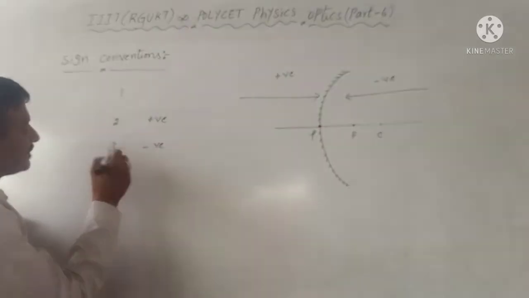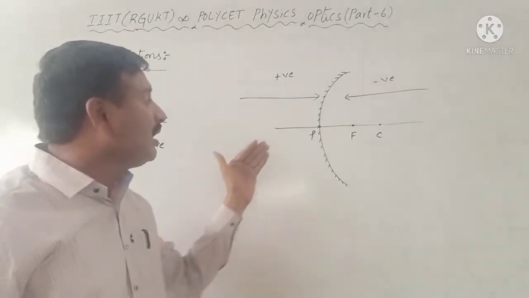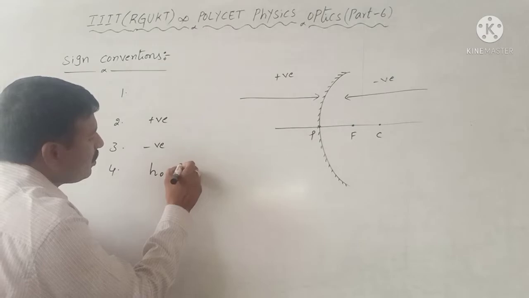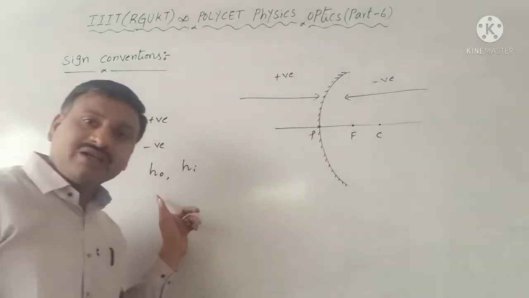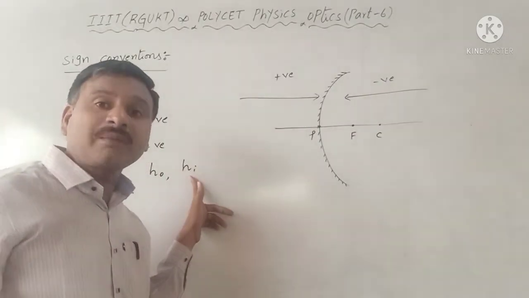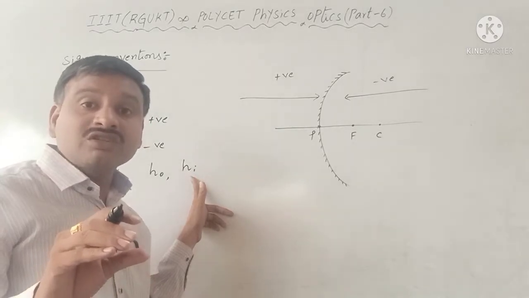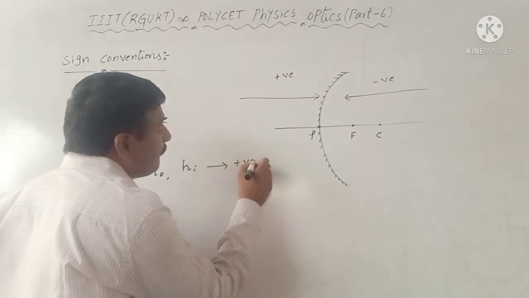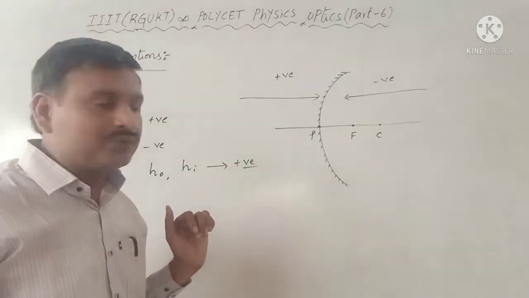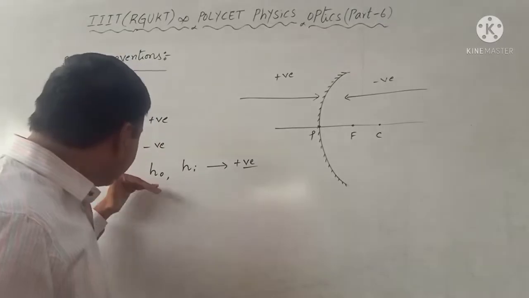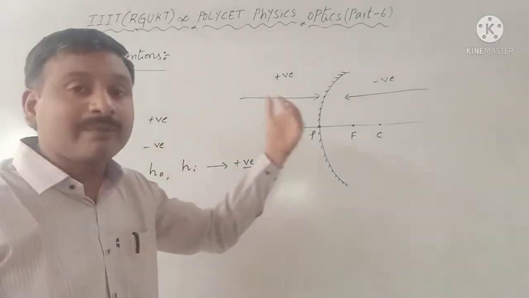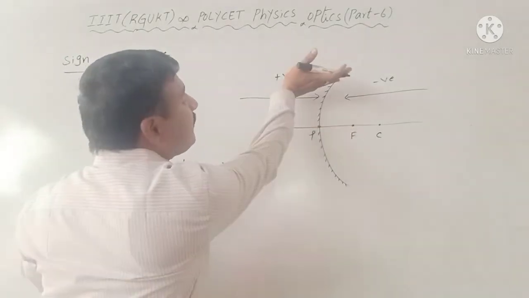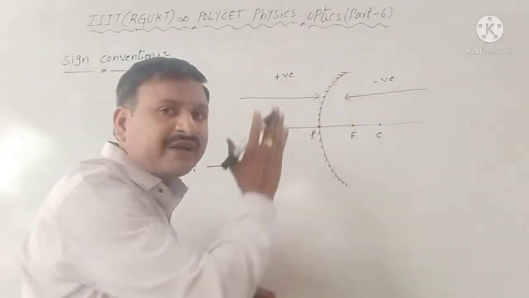And the fourth one is the height of object and height of image, HO and HI. Both are taken positive when they are above the principal axis, or upward from the principal axis.